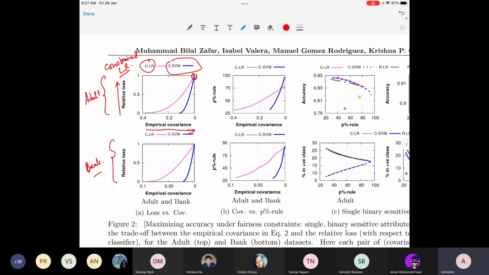Let us go step by step. This is zero covariance, which means what? Zero covariance means what? Completely fair. Fully fair.